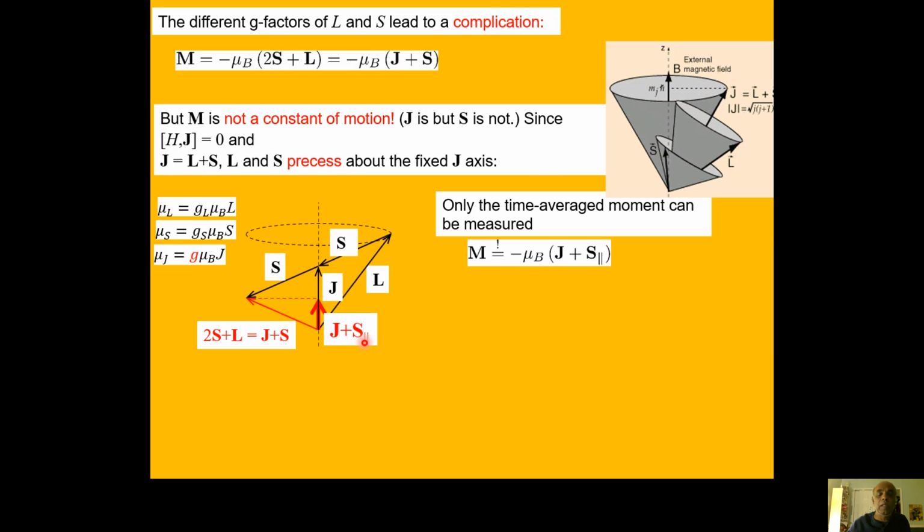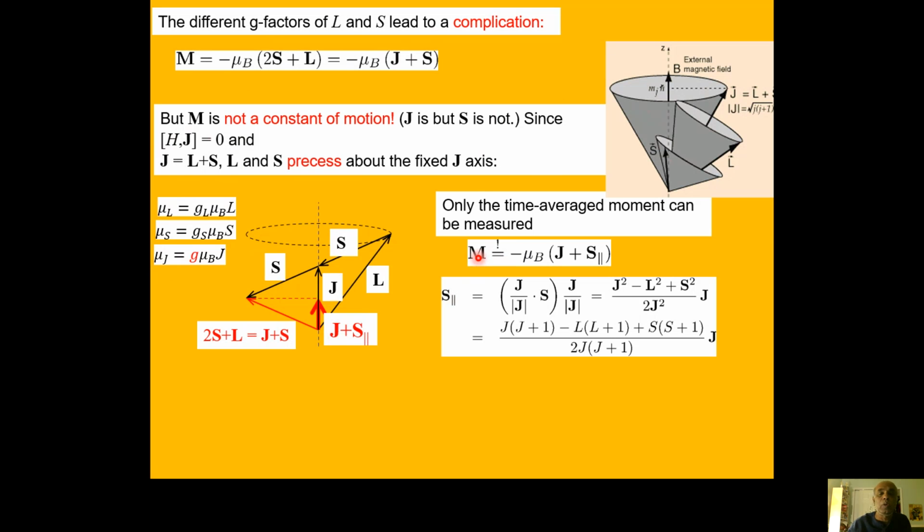How do you calculate that? J we know how to do, but to calculate S parallel, what we do is multiply S by the unit vector in this J direction.